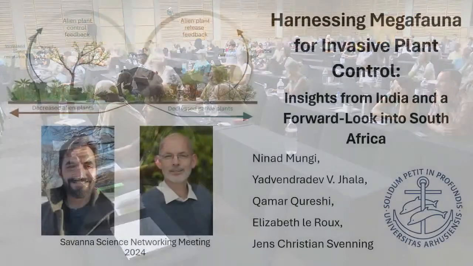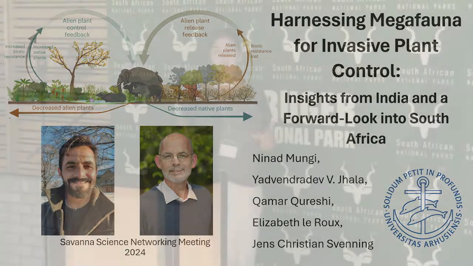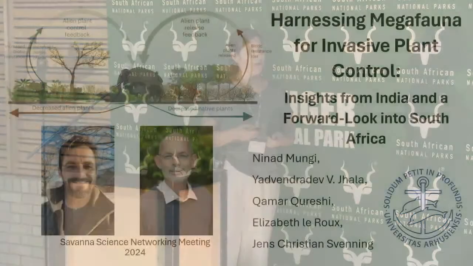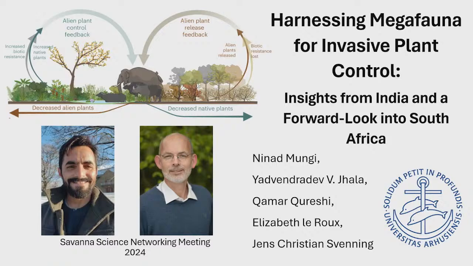And when I talk about novelty, we're thinking of broad novelty in terms of species compositions and maybe structure or climates. But I'm going to focus mainly on novelty in terms of species assemblages.